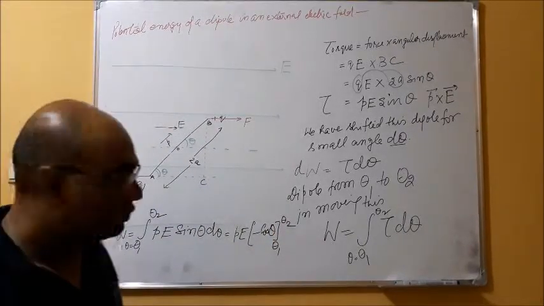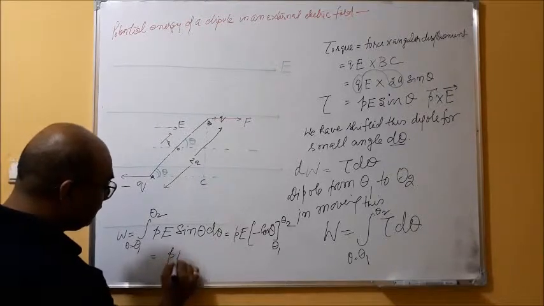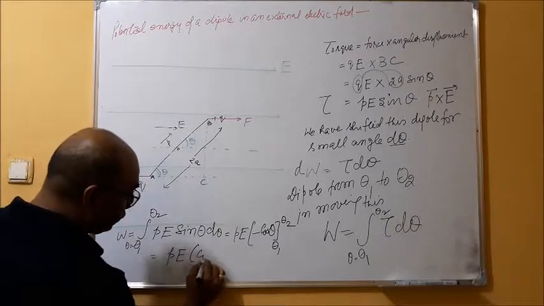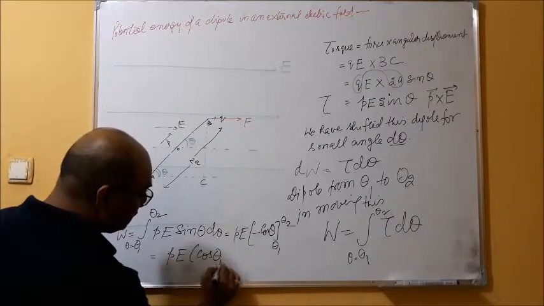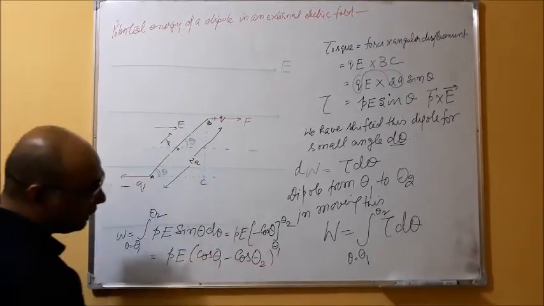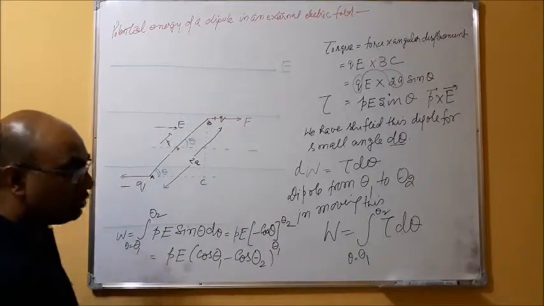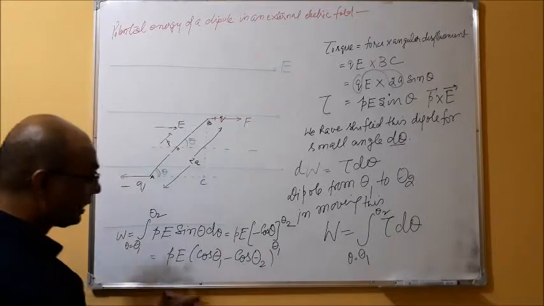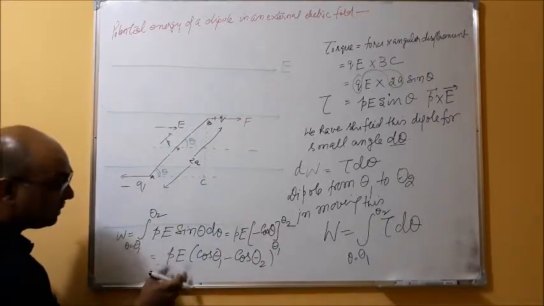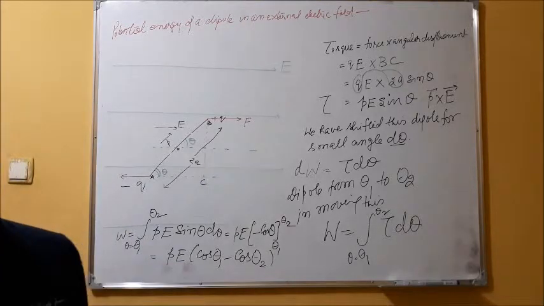This means P E times (cos theta 1 minus cos theta 2), because the first term will be negative and the second term positive. So I'm just reversing the terms, and I get P E (cos theta 1 minus cos theta 2).